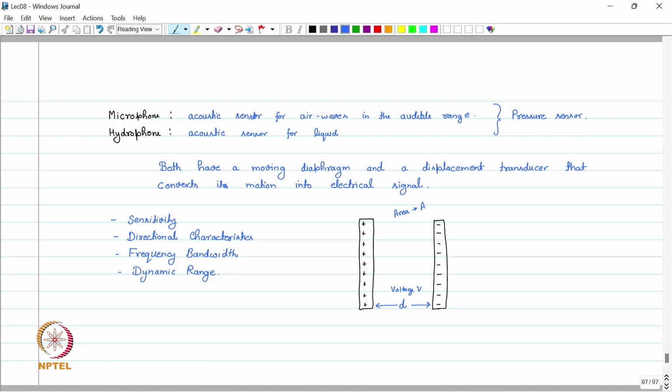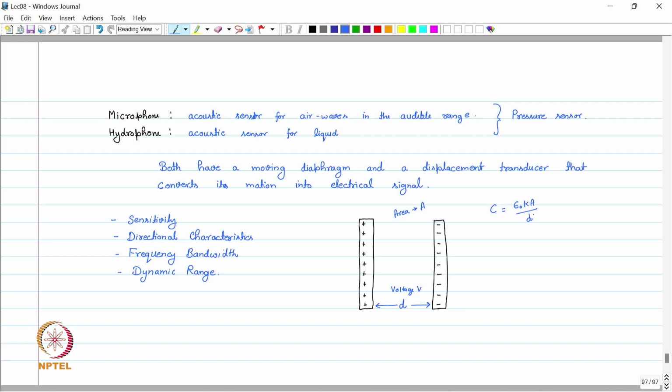So this we can also use as an acoustic sensor or a hydrophone. For example, if the positive plate of this capacitor moves, then the capacitance changes, because the capacitance is C equal to epsilon naught K A upon d.